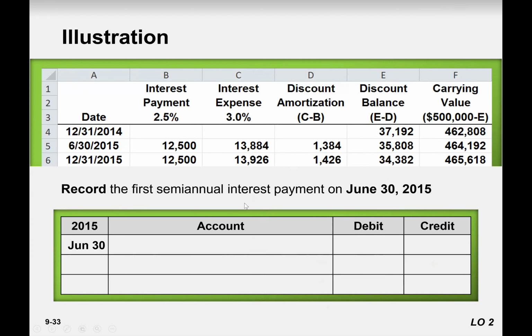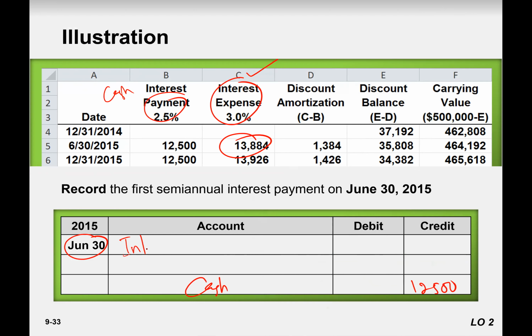So when you record the first semi-annual interest payment, remember that interest expense is recorded, and the interest payment is your cash payment, right? So you are paying on 30th of June. How much do you pay in cash? Cash paid 12,500. Cash decreases, which is credit, and interest expense. When an expense happens, always debit. Expense increases, debit.